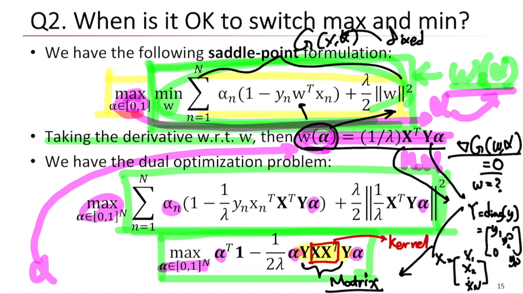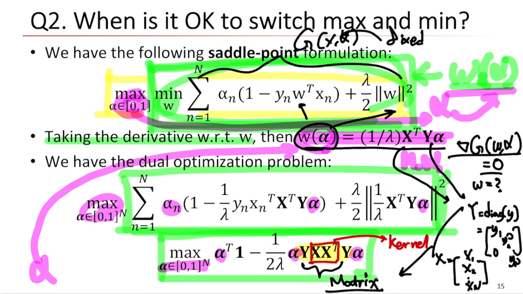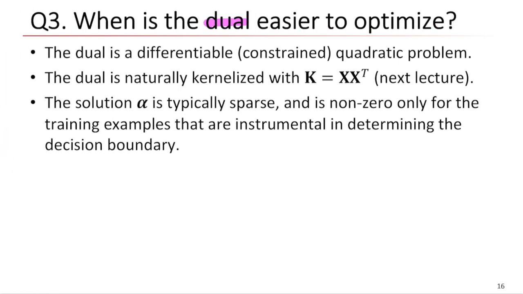And the final question was when is the dual problem easier to optimize than the primal problem. From here, the dual problem is differentiable, but a constrained quadratic problem, and the dual problem is naturally kernelized with the term x times x transpose.